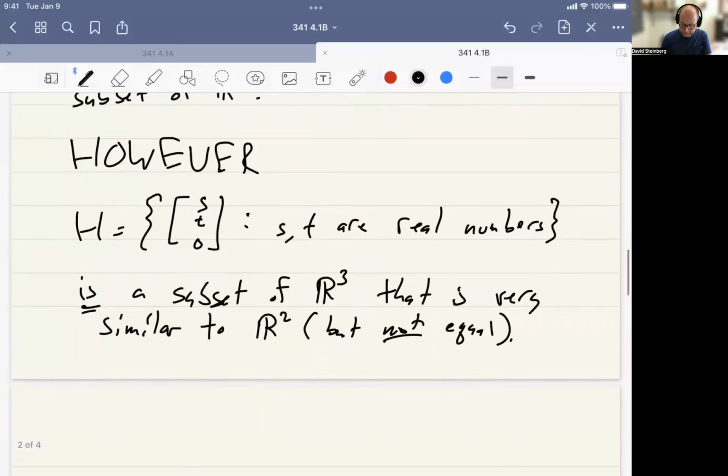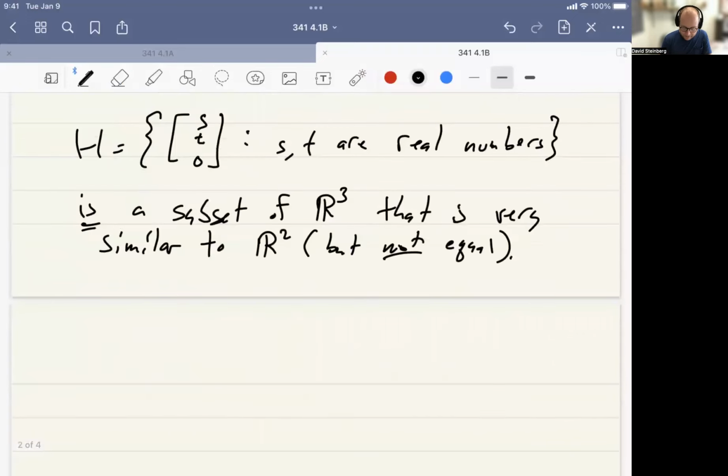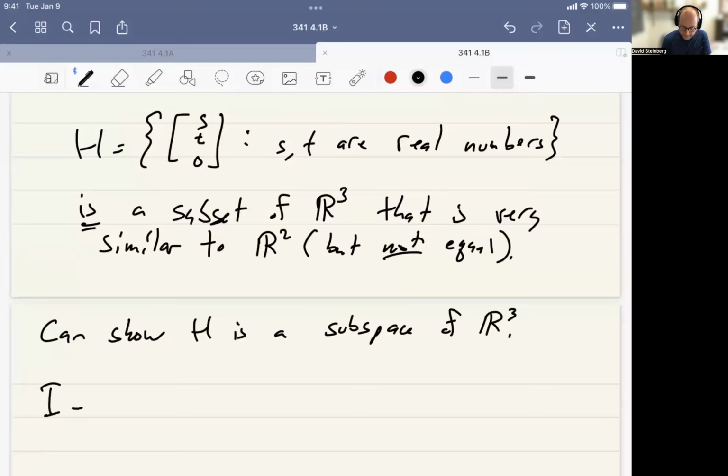We can show H is a subspace of R3. And there's nothing special about making the third coordinate 0. We could say (s, 0, t), where s and t are real.